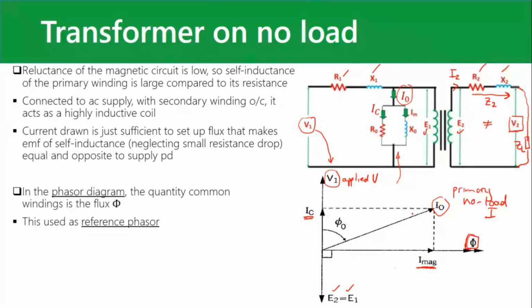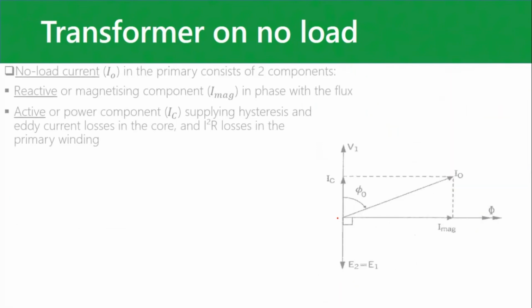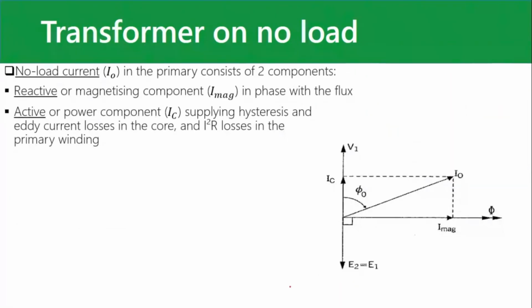So IO has got these two components of the current, the reactive or magnetic, and the active or the small power component, which is in phase with the voltage. So there's small heat losses in that, and hysteresis losses. Oh, other way around.